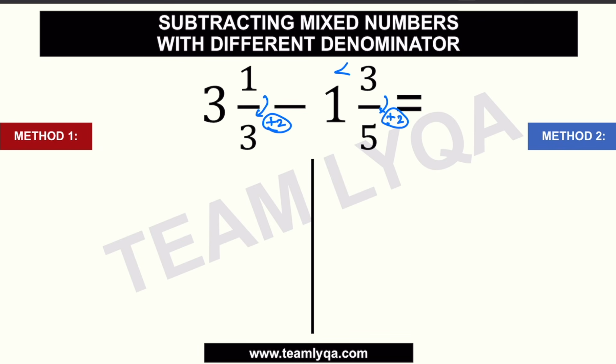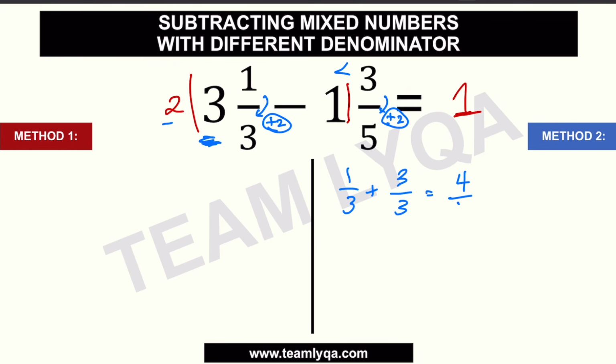Now, dahil alam kong mas malaki siya, again, the way I solve it will be different. Manghihiram ako ng isa dito sa 3 na ito. So, instead of 3 and 1/3, magiging 2 na lang siya, minus 1. Again, sineparate kasi natin, no? 2 minus 1, aabangan na natin yung 1. Tapos, yung fraction natin, instead of 1/3 na lang, yung 1/3, dadagdagan ko ng 3/3. This is the one na kinuha natin dito.